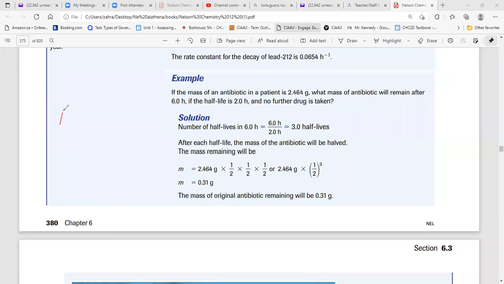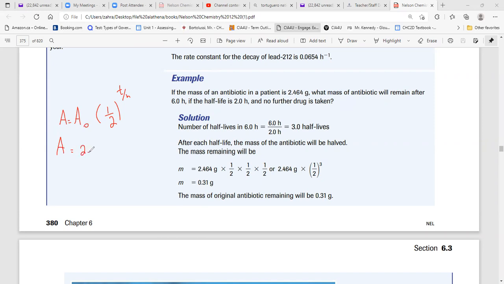You can use the equation A is equal to A0 times 1/2 to the power of T divided by H. H is half-life. What mass of antibiotic will remain after the 6 hours means I'm looking for A, the amount after time T.